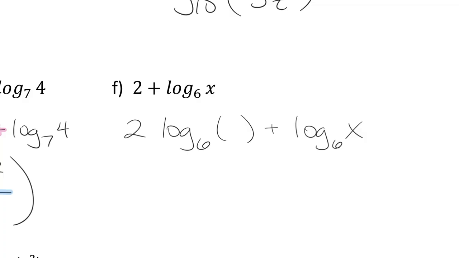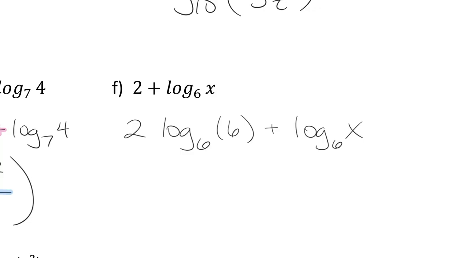Log base 6 of 1 is equal to 1? No. Not 0. You can't put 0 in a log. What number can I put right here so that this is 1? 6 raised to the 1 power is 6. If we do log base 6 of 6, wouldn't that cancel out? It's equal to 1.